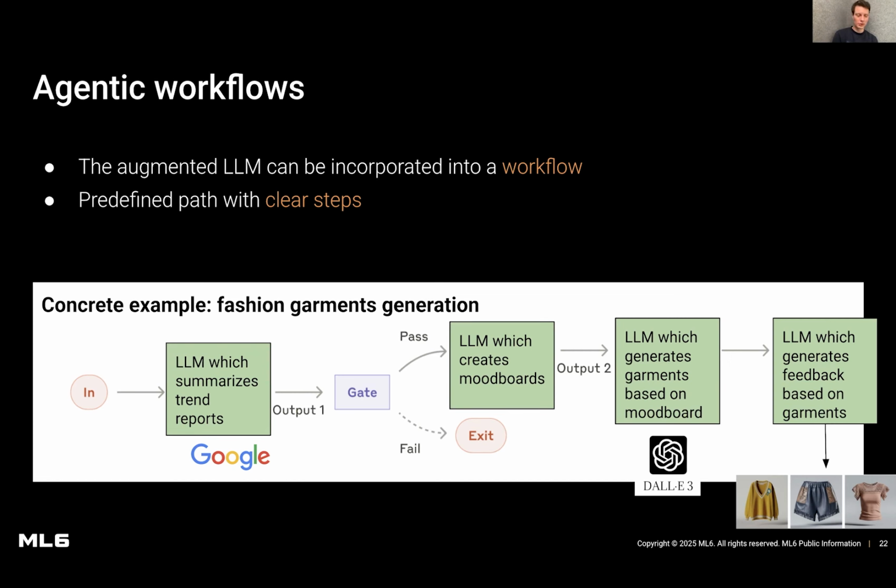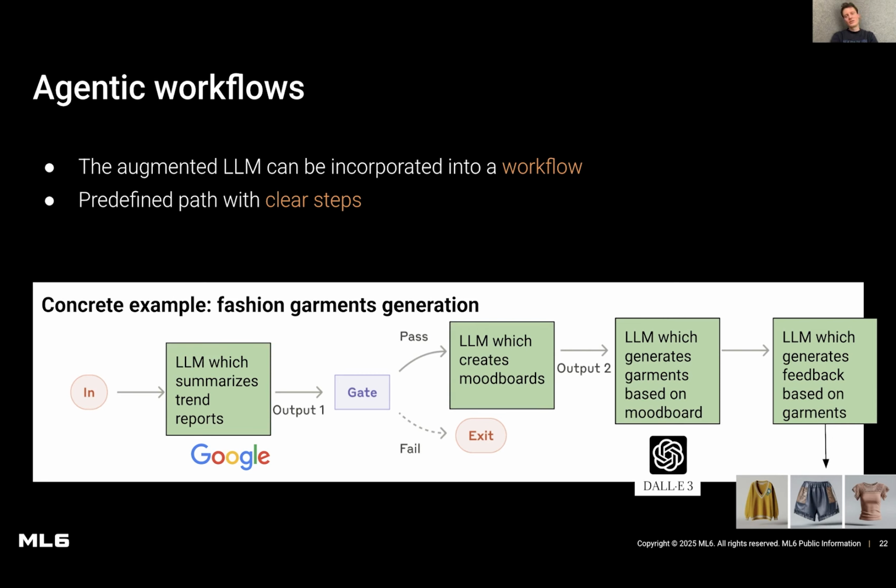The important thing here is that we are still in the driver's seat: it's still us determining how we invoke LLMs and involve them in each of the steps. It's not just one LLM or AI model that has been given the task, please generate some fashion garments for me, and then performs autonomously, because that would be a fully autonomous agent.